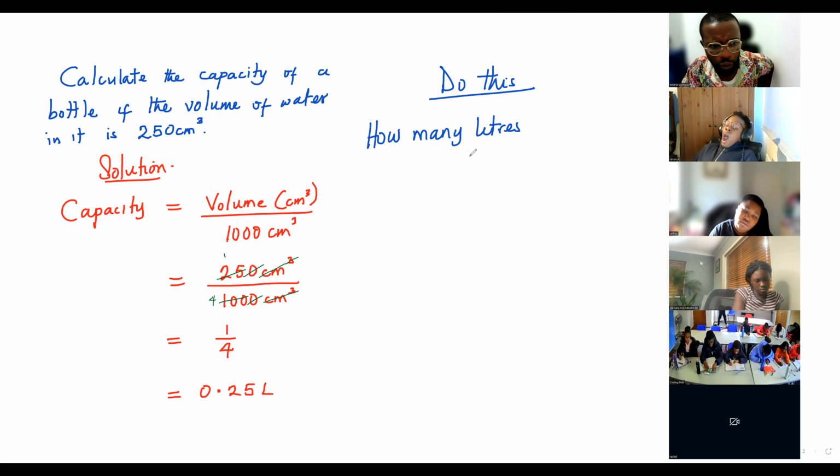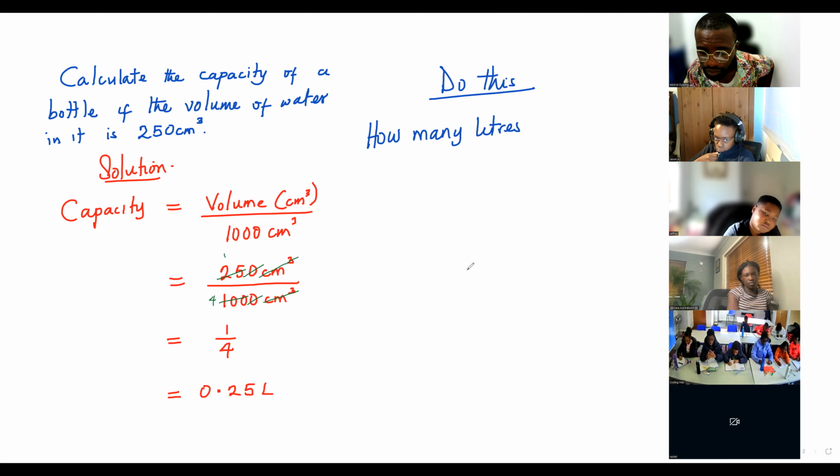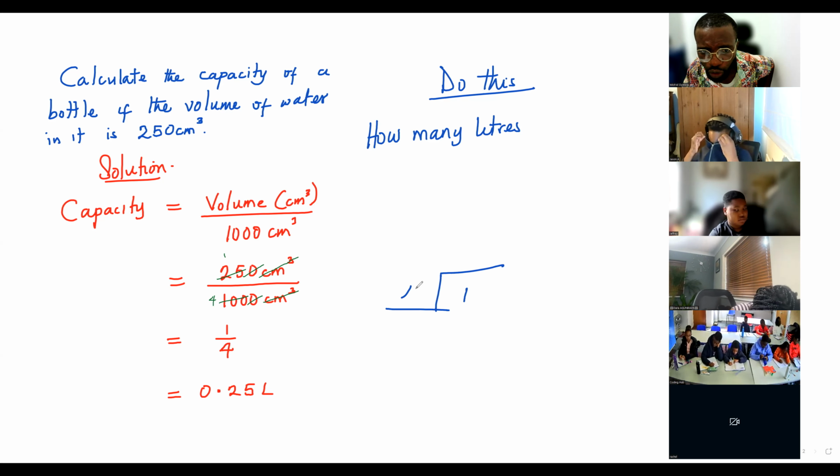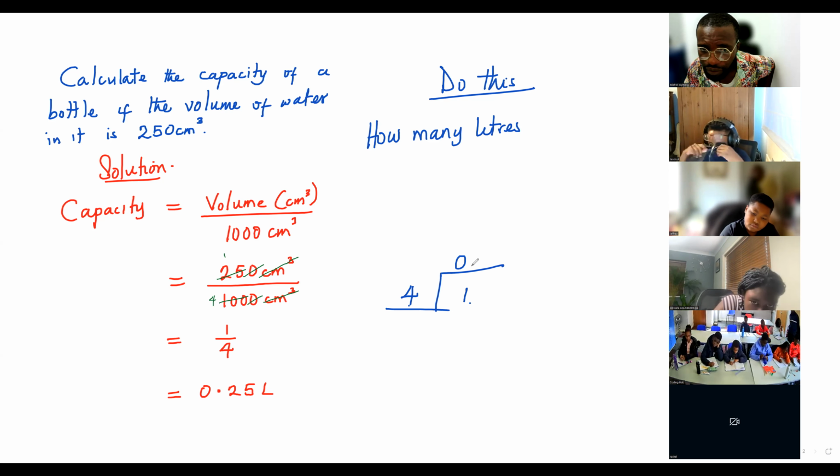Okay, Jeffrey, what part do you not understand? Talk to me. I'm still struggling to calculate it. We calculate 1/4, which is 1 divided by 4. How many 4 can you see in 1? Is that possible? No. So you put a 0 and then you follow it with a decimal point. The moment you put a decimal point here, you add a 0 to 1.